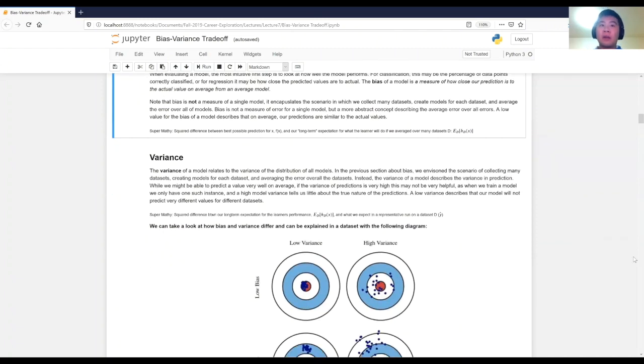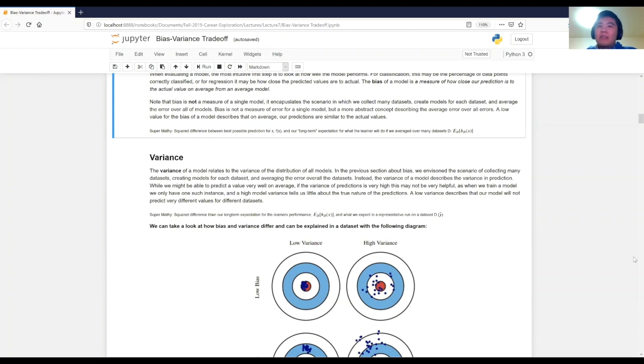Now let's talk about variance. So variance is variance in the traditional sense that you might have learned in a statistics class, except now it relates to the distribution of models. And this is a bit hard to think about because, with a normal random variable, it's kind of easy to define what variance is, right?